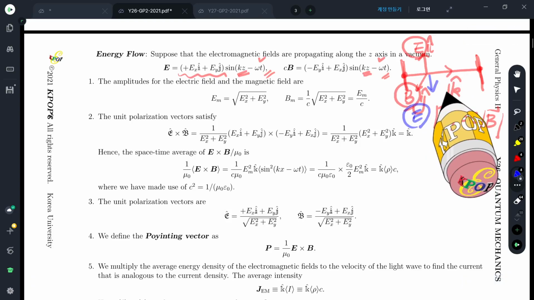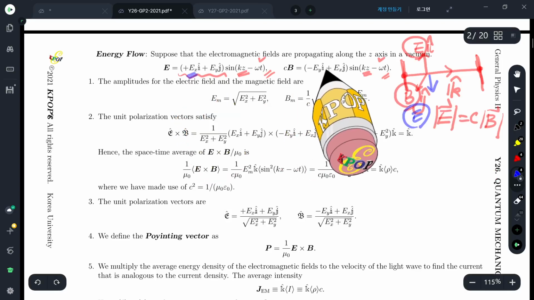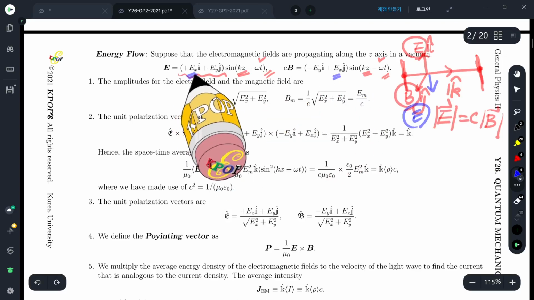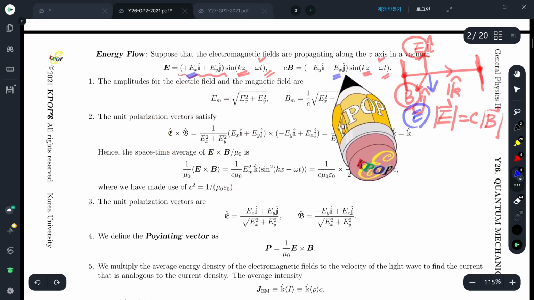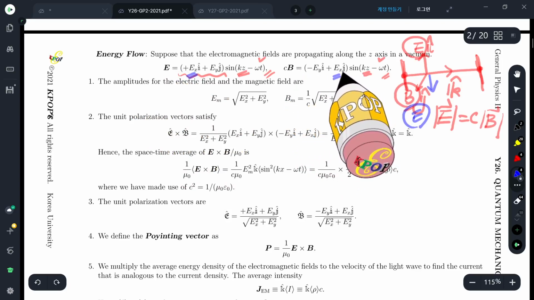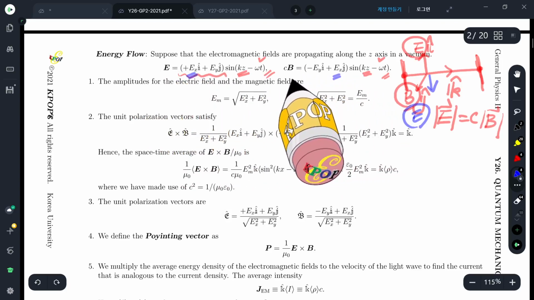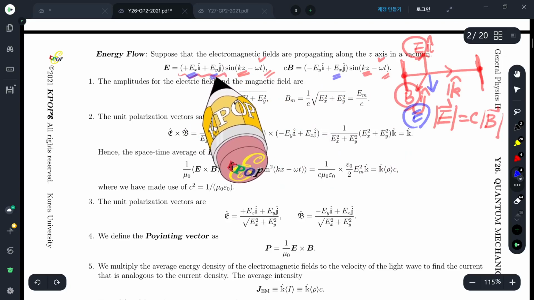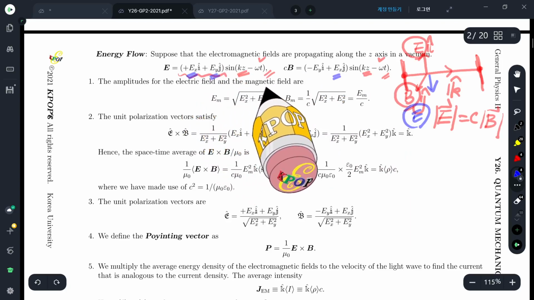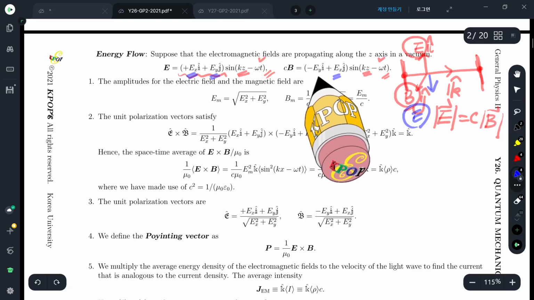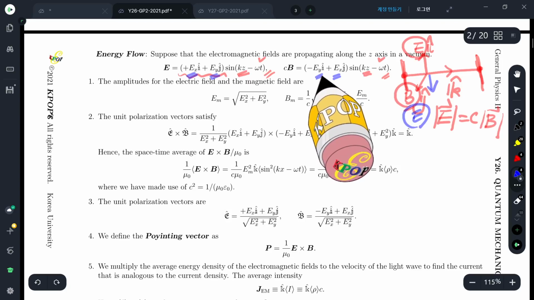That's the reason why this amplitude along the x direction for the electric field and the y direction for the magnetic field are identical to each other. And the y component of the electric field is the negative of the x value of the amplitude.